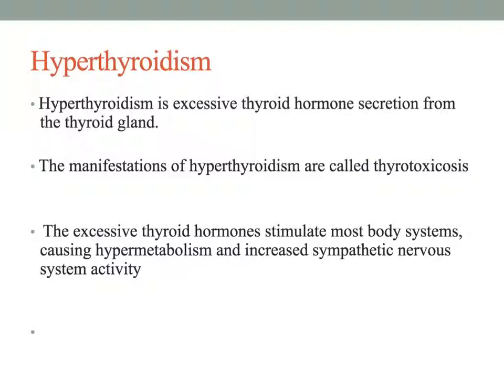Graves' disease is by far the most common cause of spontaneous hyperthyroidism in the United States. It is an autoimmune disorder characterized by autoreactive antibodies. Graves' disease accounts for 80 to 90% of hyperthyroid cases, peaking in young adults aged 20 to 40 years old.